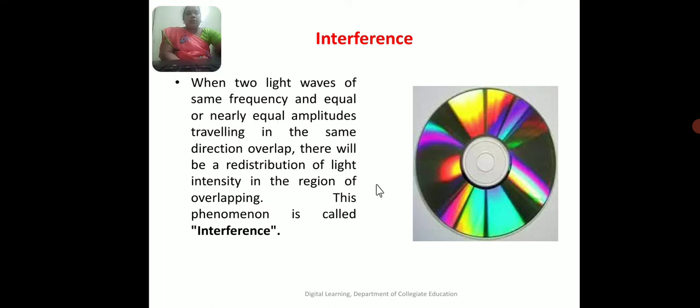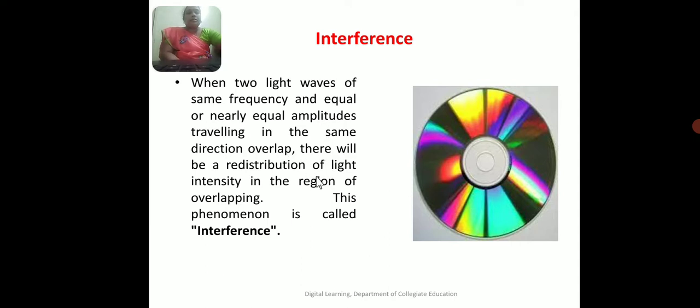Already I told you, if we use a single source, meaning a single wave, then light rays are uniformly distributed in all directions. Uniform distribution of light takes place. But in this case we are using two light waves from the same source, having the same frequency, equal or nearly equal amplitudes, and moving with a constant phase difference.